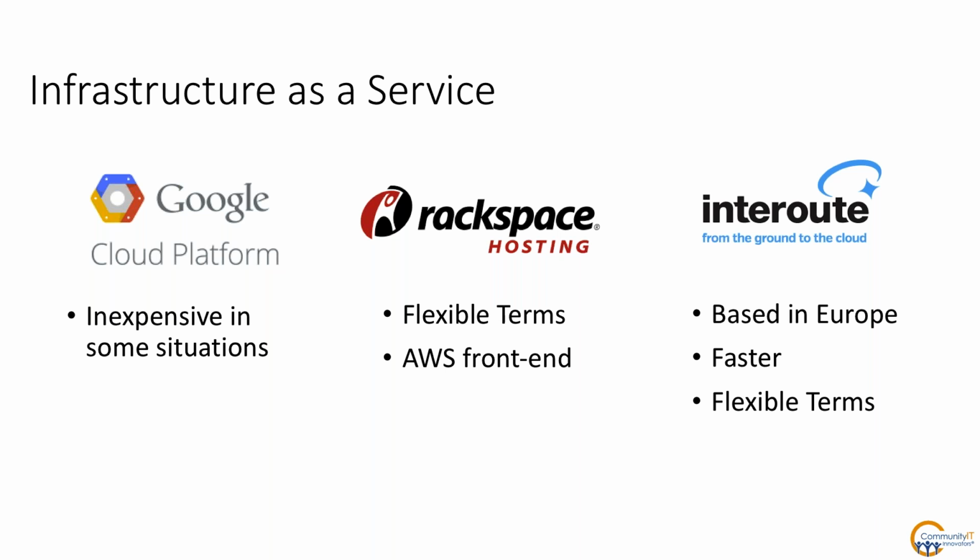That creates potentially some options for more flexible terms of service. Organizations that have specific requirements, like the legal needs I talked about earlier regarding data being subpoenaed, are more likely to get some concessions from Rackspace than from Amazon Web Services. So that's one potential advantage of going with someone like Rackspace.